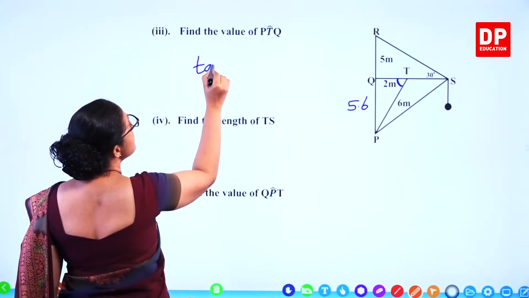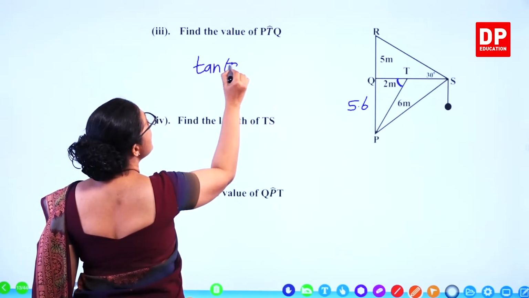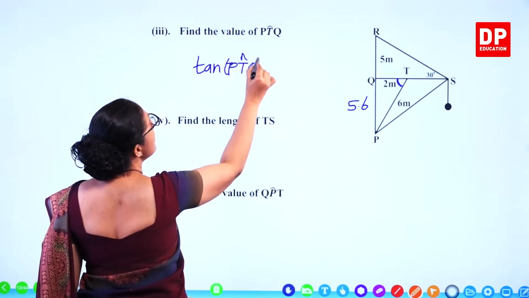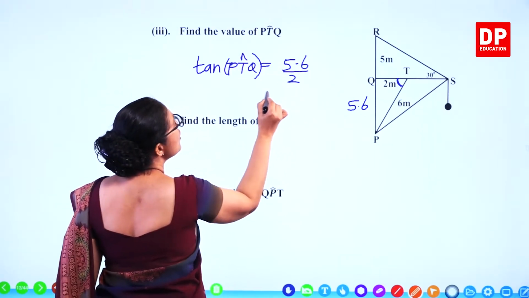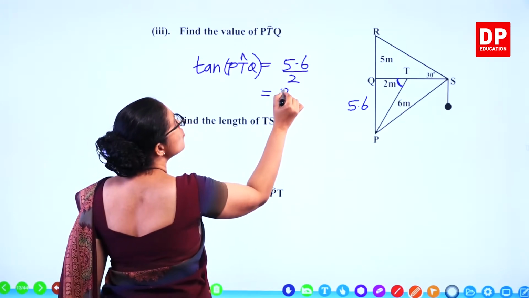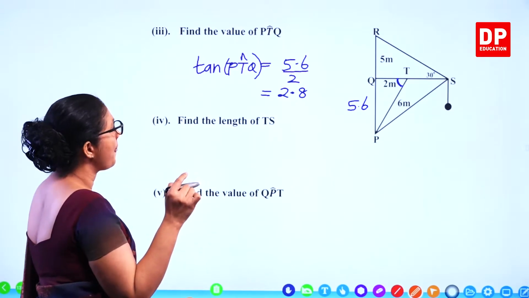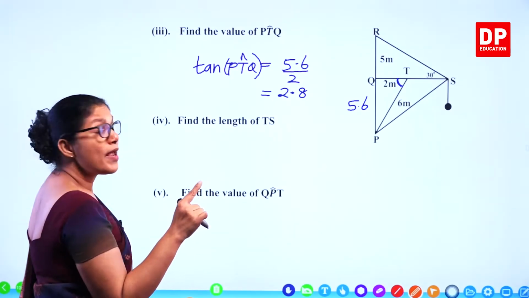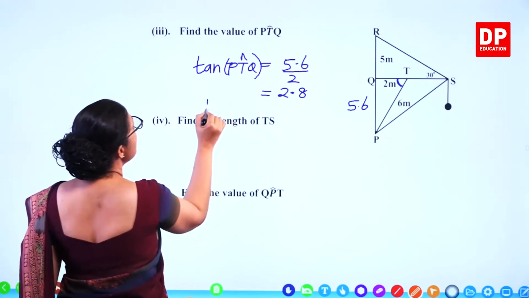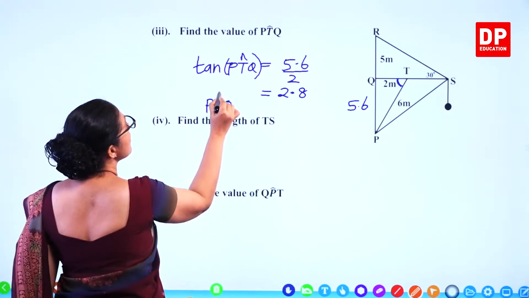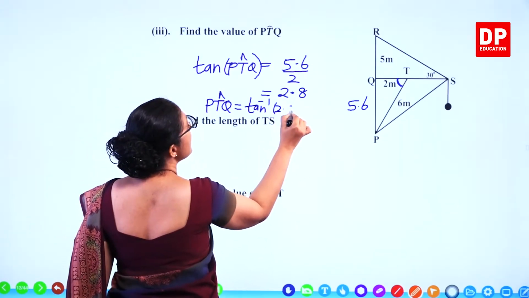So I can write tan PTQ is equal to 5.6 over 2. So when you divide by 2, what you get? 2 times 2, 4. 2 times 8, 16. 2.8. So now we have to refer tangent table. That's inverse. So PTQ is equal to tan inverse of 2.8.